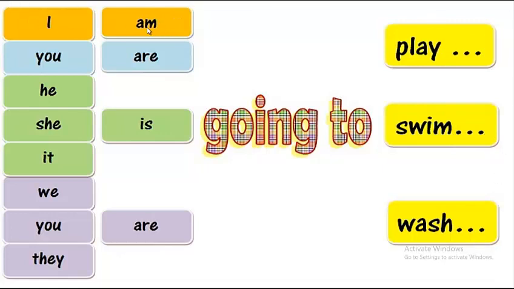We use am with the subject I. You are. He, she, it is. We, you, they are. So, my dear students, going to is preceded by am, is, are, and followed by the base form of the verb.